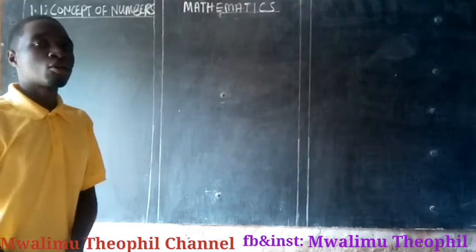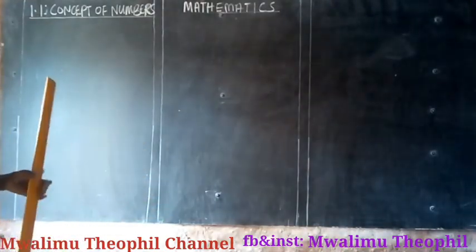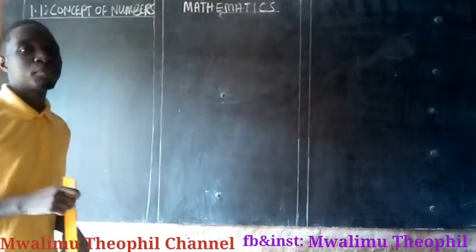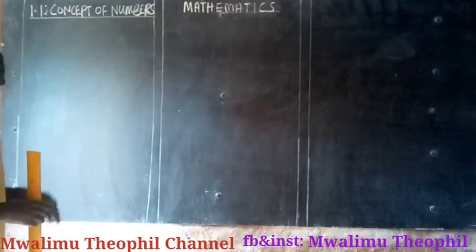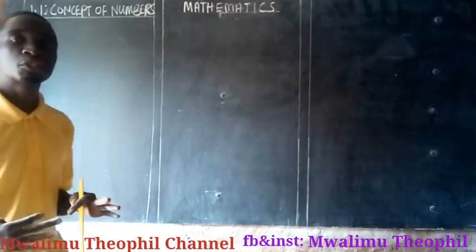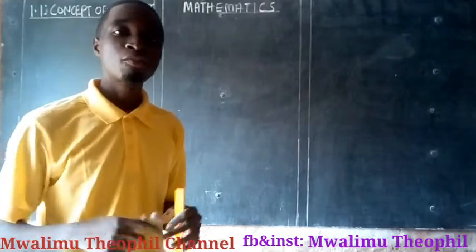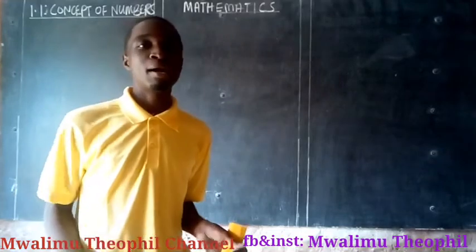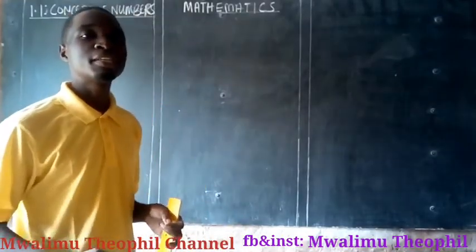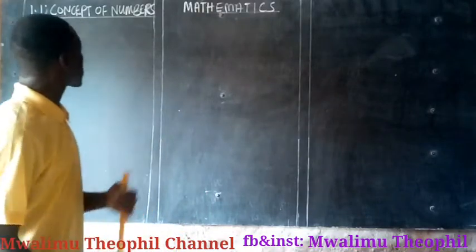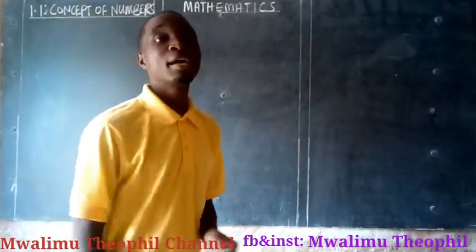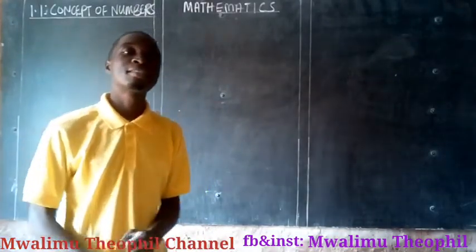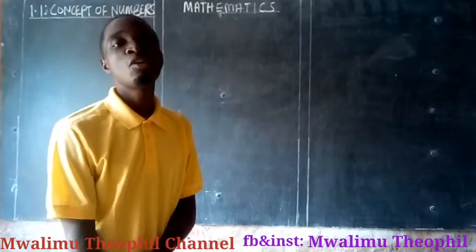Concept of numbers is the first part in our topic of Numbers Part 1. When we speak about concept of numbers, we mean that we have to know what a number is and which symbols represent a number. Simply, a number is an idea that expresses the magnitude of figures or events.